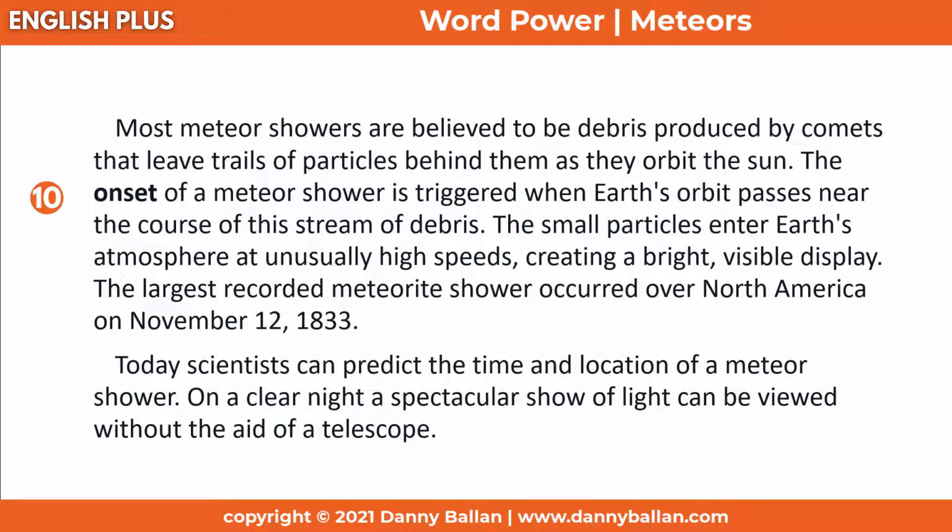The largest recorded meteorite shower occurred over North America on November 12, 1833. Today, scientists can predict the time and location of a meteor shower. On a clear night, a spectacular show of light can be viewed without the aid of a telescope.